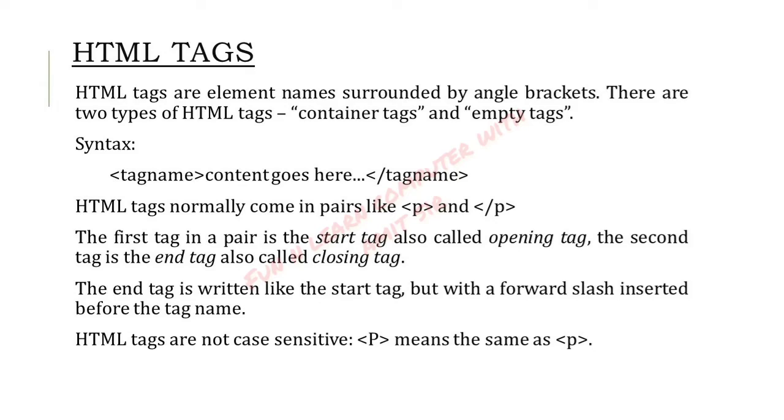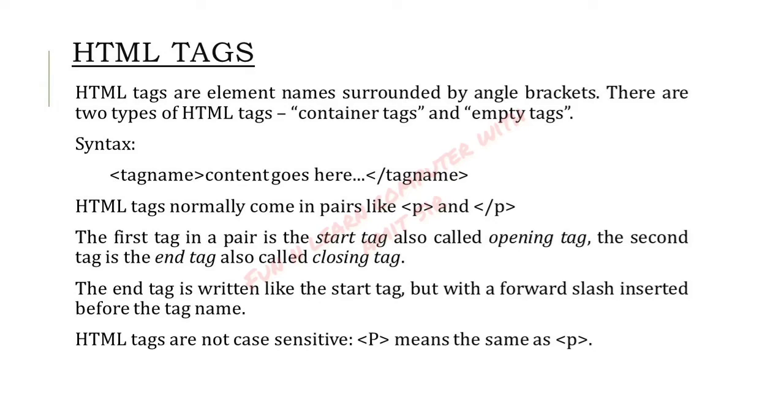Okay, so HTML tags normally come in pairs, like within the angular bracket p, and next one is within the angular bracket /p. The first tag in a pair is the start tag, which is also known as opening tag. The second tag at the end of the content is called end tag.